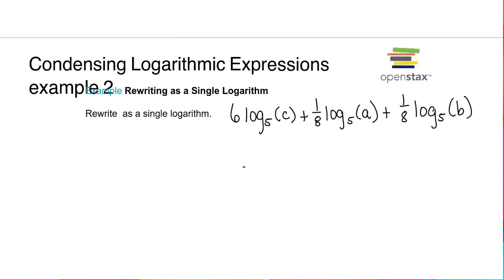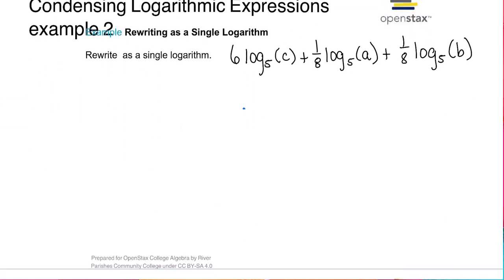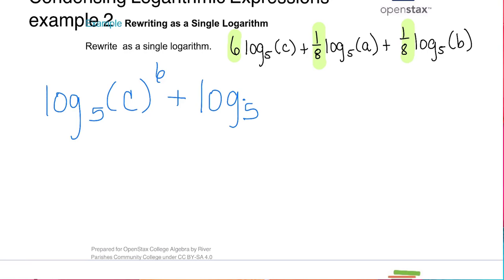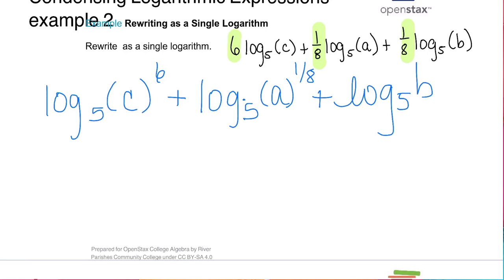All right. Same thing here. We write as a single logarithm. So I would start with the numbers in front and make them exponents. So I've got log base 5 of c to the 6th power plus log base 5 of a to the 1/8 plus log base 5 of b to the 1/8.